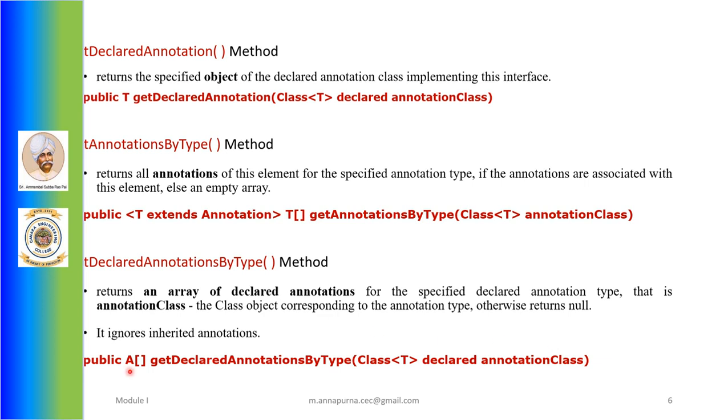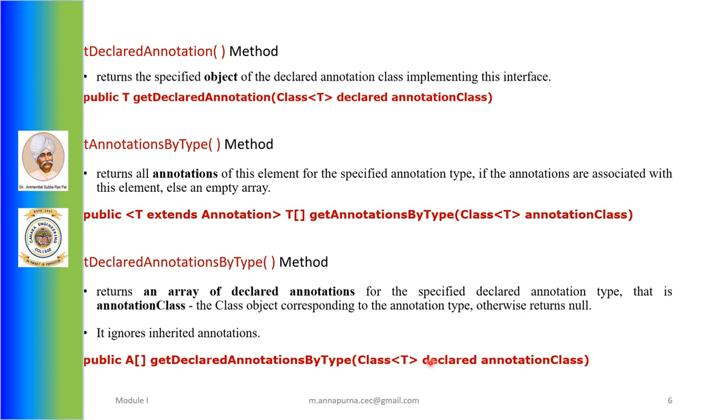The syntax of getDeclaredAnnotationsByType is as follows: public getDeclaredAnnotationsByType of Class declared annotation class. This method accepts a parameter declared annotation class, which is the type of the declared annotation that is to be got.